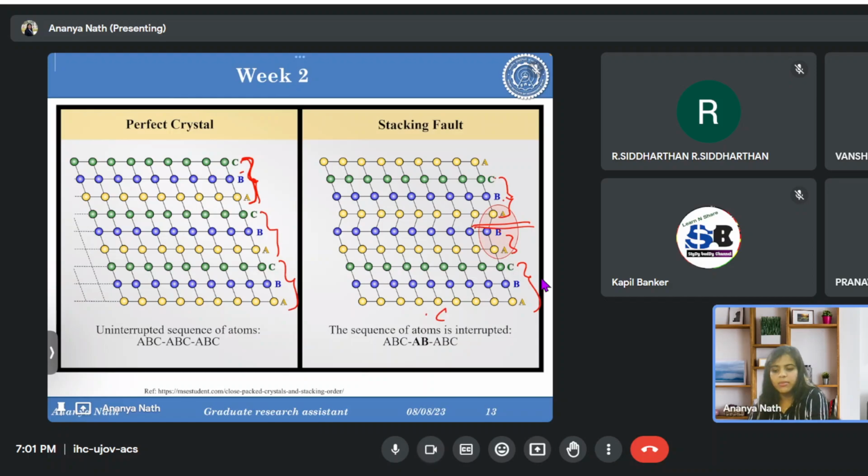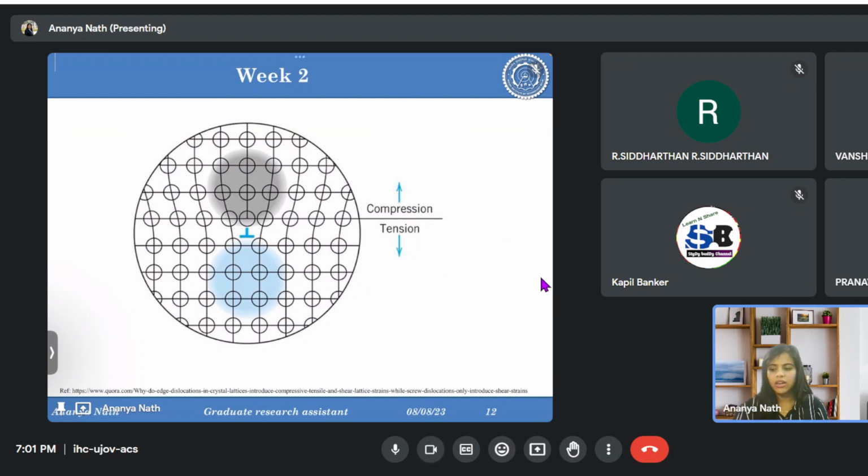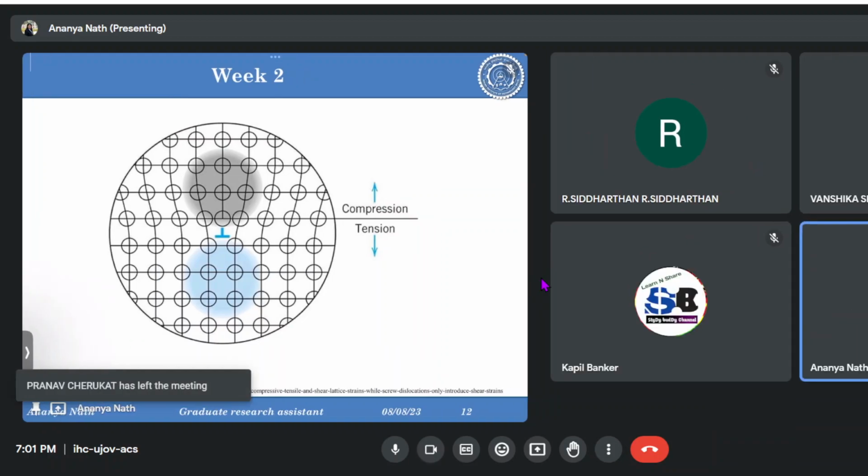So due to that missing C, a stacking fault is created, missing a site which is a preferential site for the solute atoms to sit into. And I had already shown the compression and tension created inside the lattice.